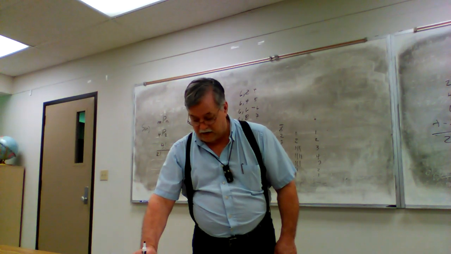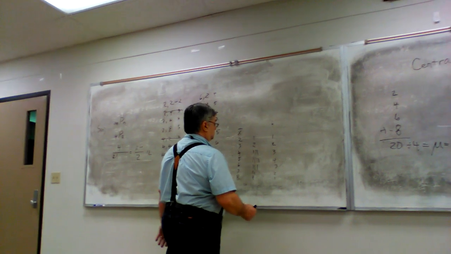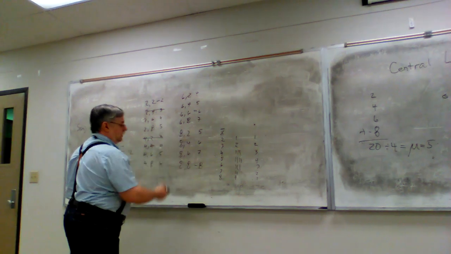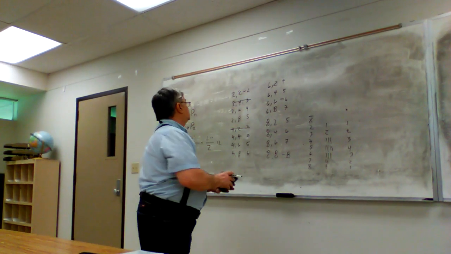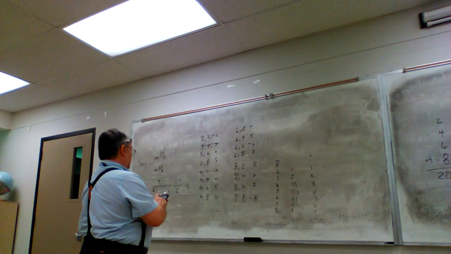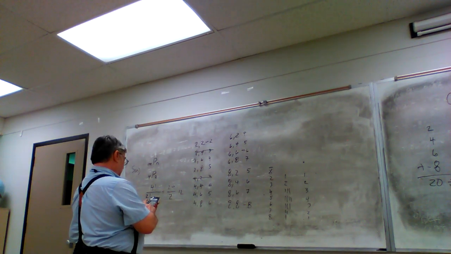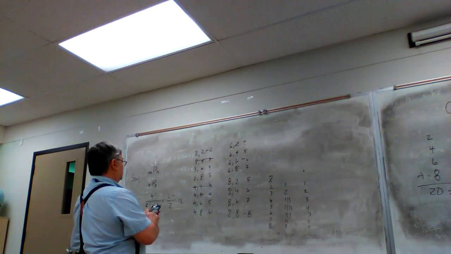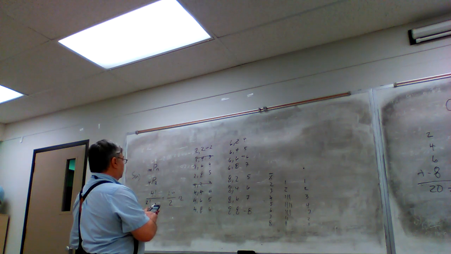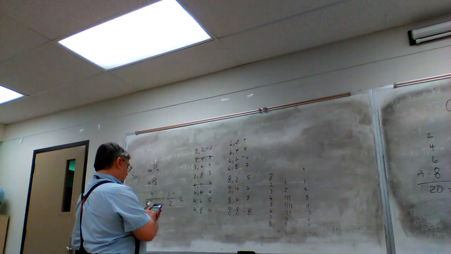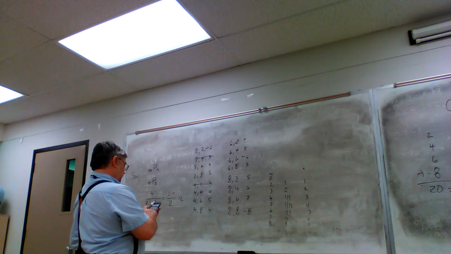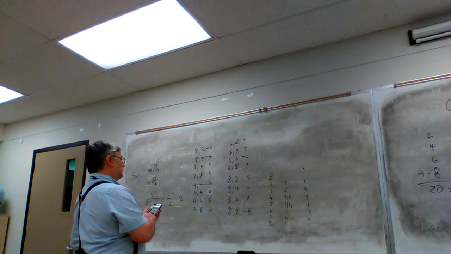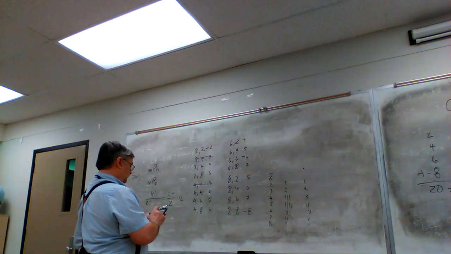If we take the mean of these, what do we have? All of them added together, we get 2 plus 3 plus 4 plus 5 plus 3 plus 4 plus 5 plus 6 plus 4 plus 5 plus 6 plus 7 plus 5 plus 6 plus 7 plus 8 equals 80.